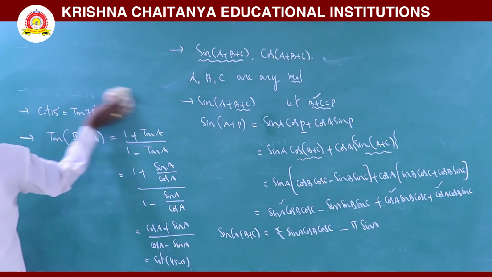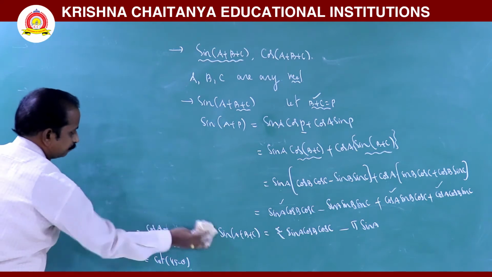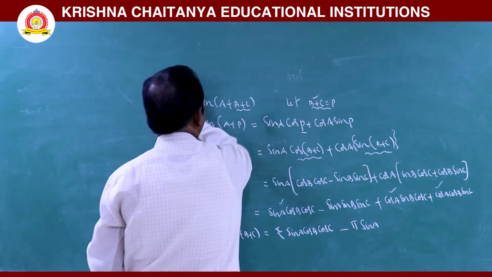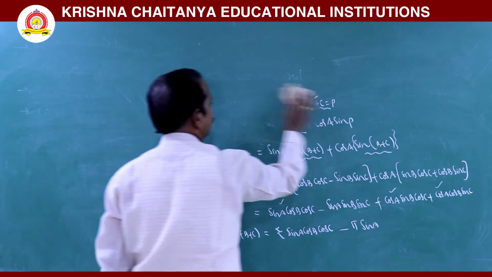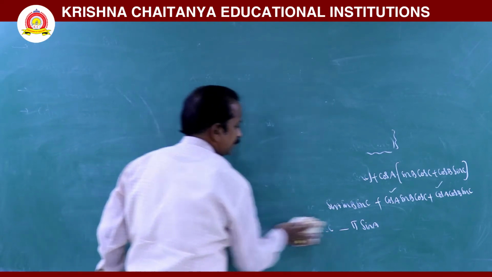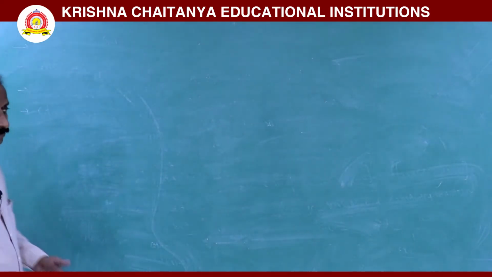Now we can consider cos of (A plus B plus C). So what is cos of (A plus B plus C)? Is there any restriction for angles A, B, C? A, B and C are any real numbers.